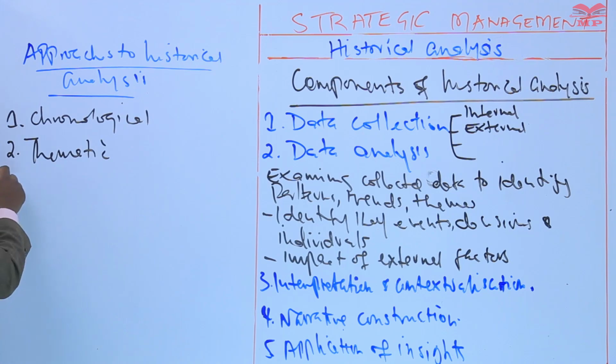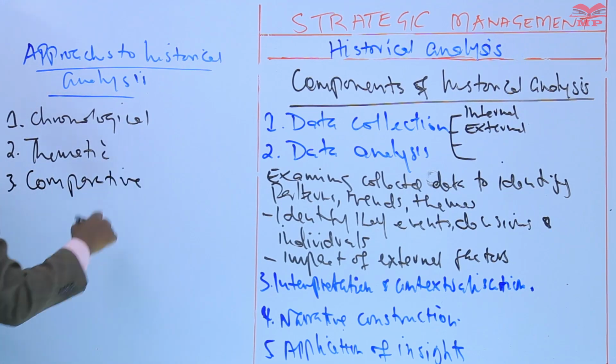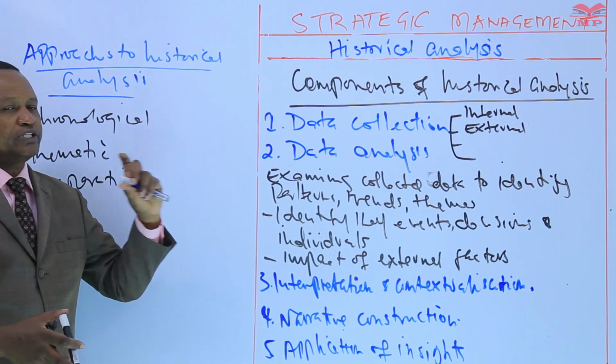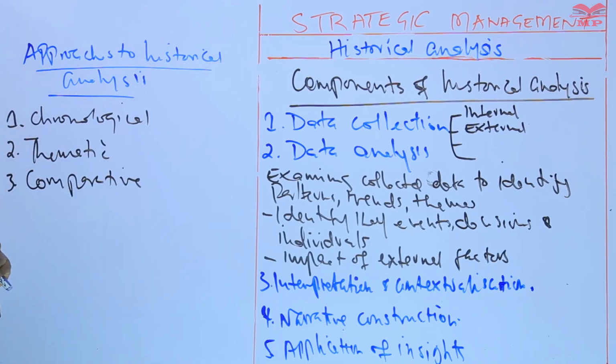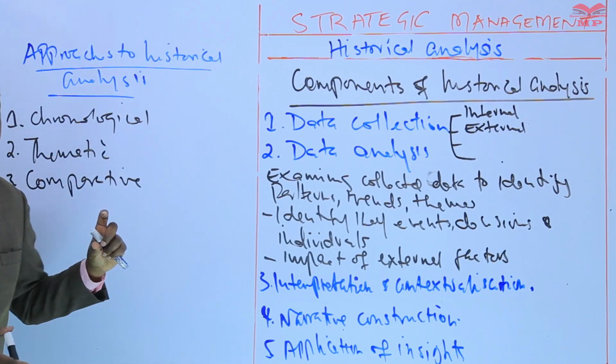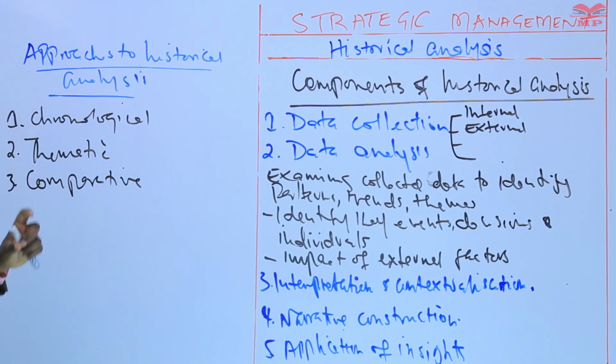The third approach is the comparative approach. That is to say, comparing the organization's history with that of its competitors or other similar organizations to identify unique characteristics and best practices.